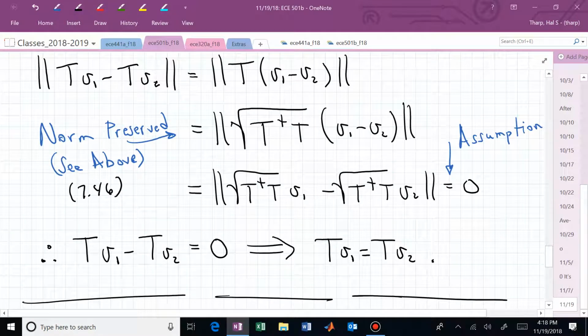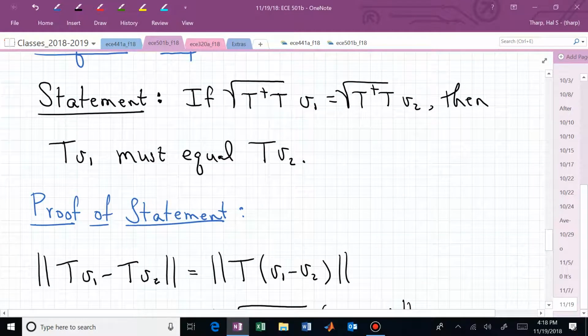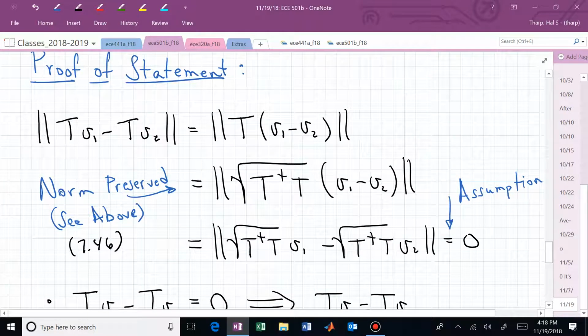Now let's apply additivity of this positive operator, square root of T dagger T. And what did we assume? We assumed that the square root of T dagger T v1 was equal to the square root of T dagger T v2, so that has a norm of 0, since the zero vector has a norm of 0.